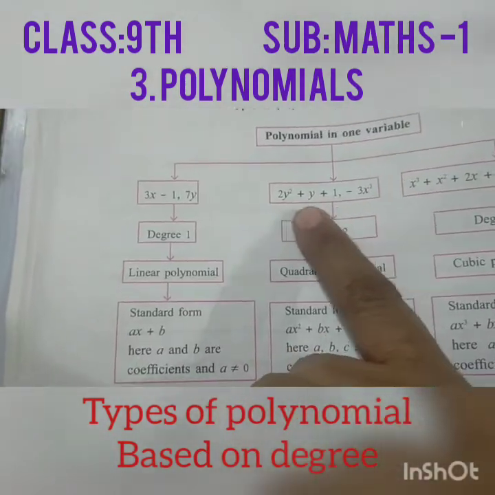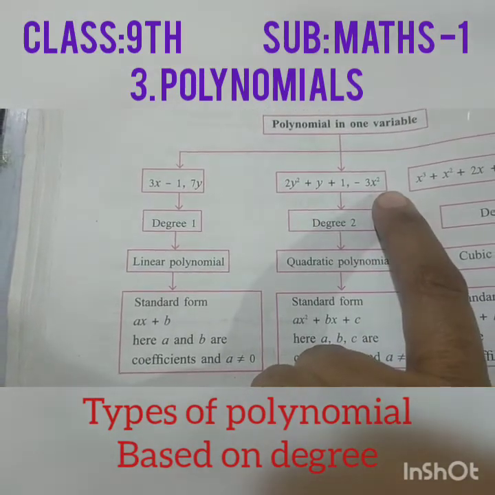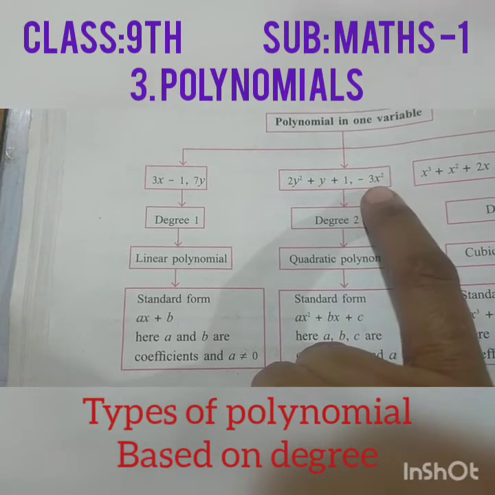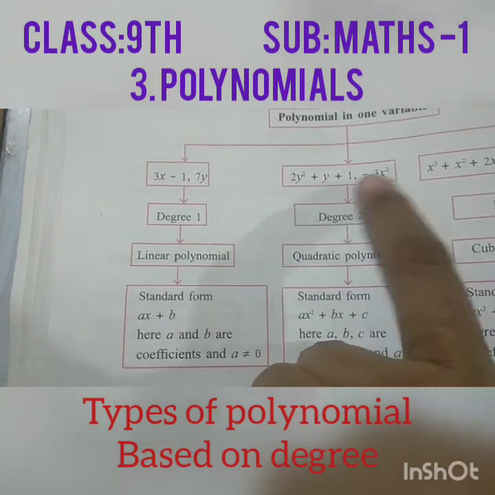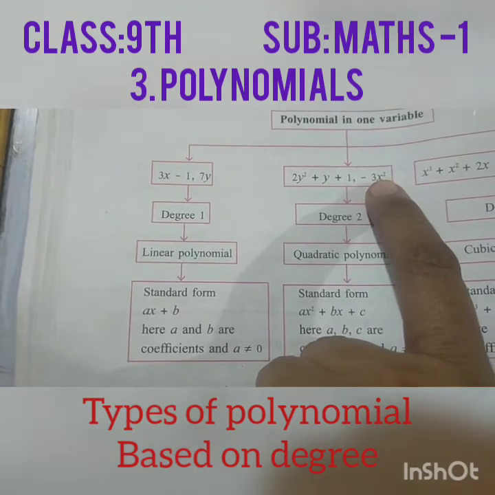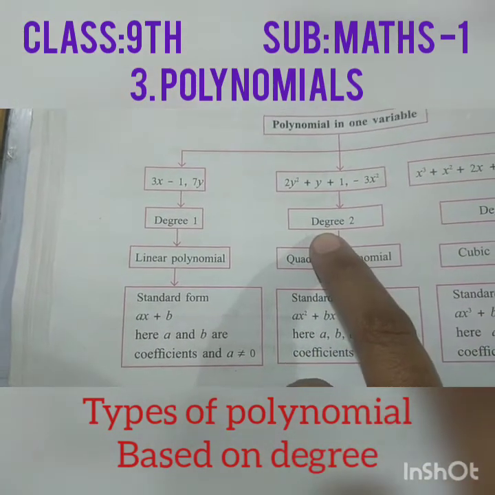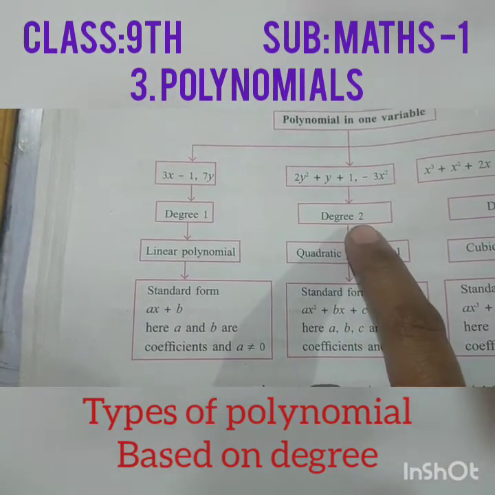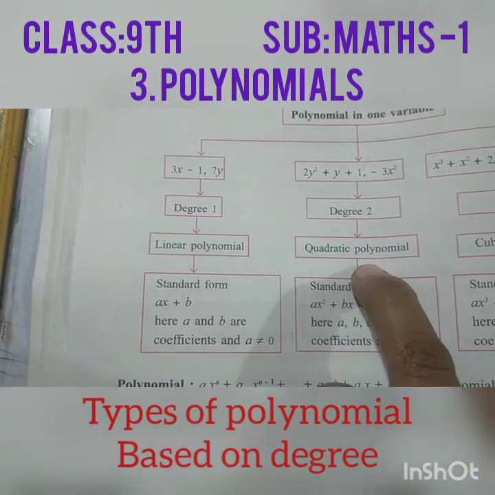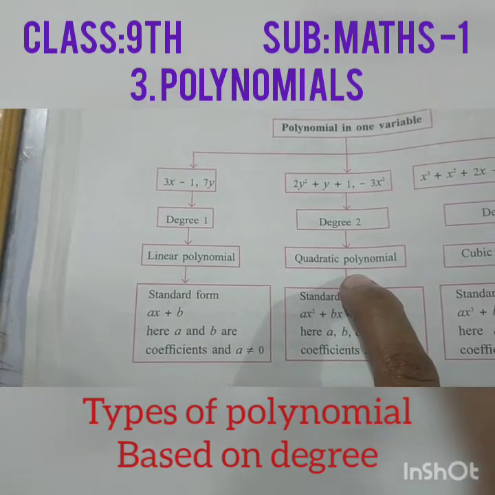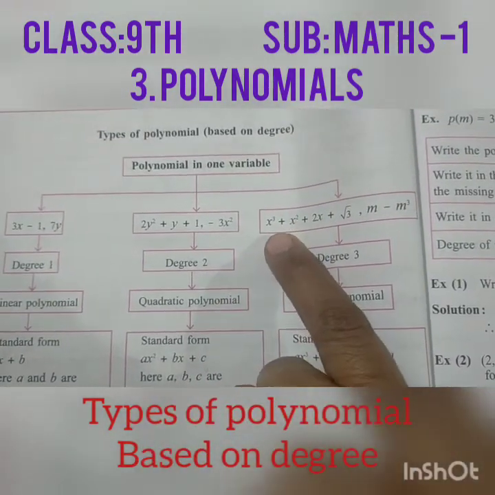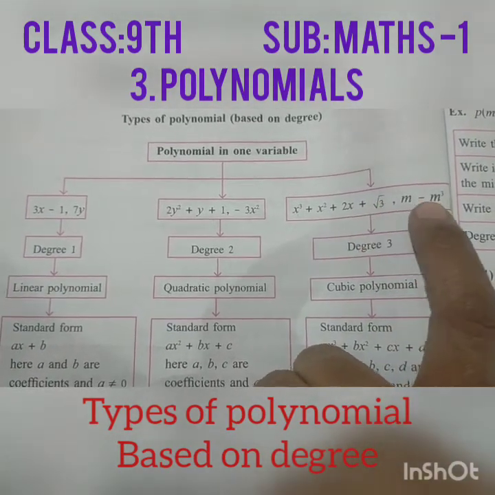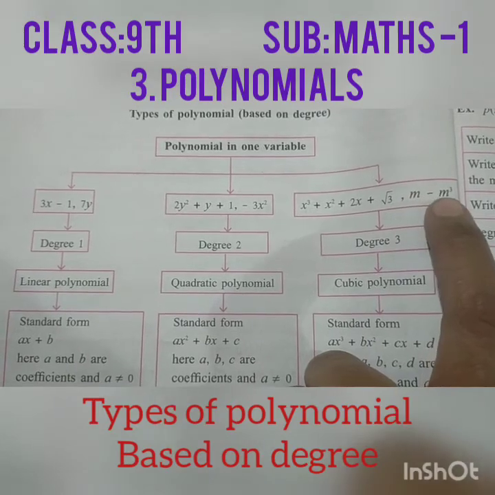In the second, we can see these two examples. The first example is 2y square plus y plus 1, and the second is minus 3x square. In both examples, the highest power is 2. Therefore degree is 2. If the polynomial has degree 2, then that type is called a quadratic polynomial. Now we can see the third, x cube plus x square plus 2x plus root 3, and the second example is m minus m cube.